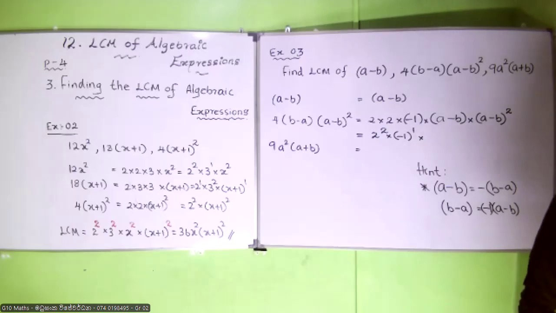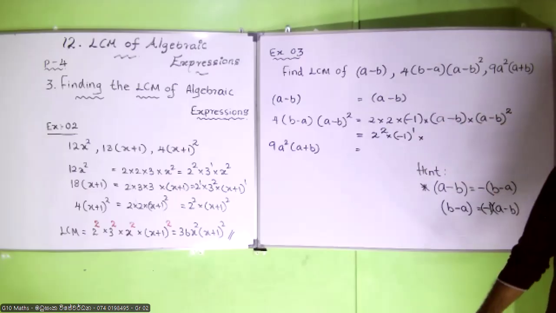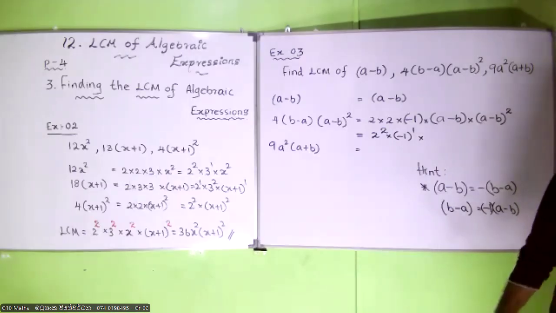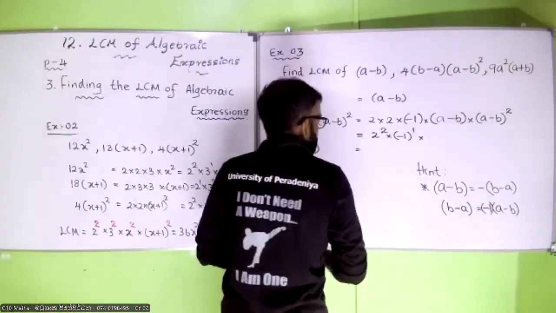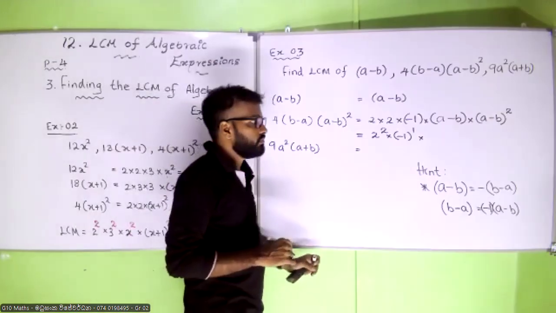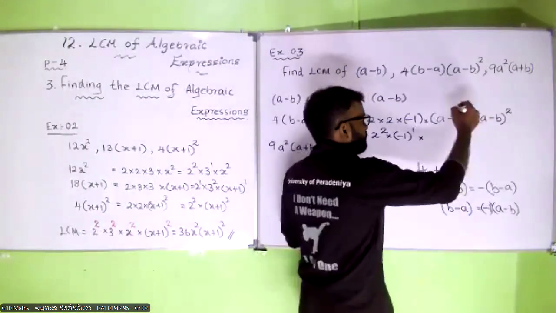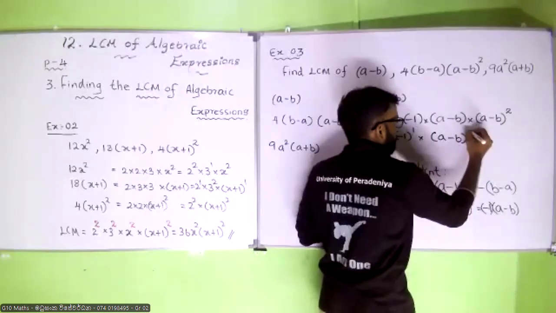A minus B into A minus B to the power 2. Olian, how are you going to write? A minus B to the power 3. Yes, A minus B, all to the power 3.